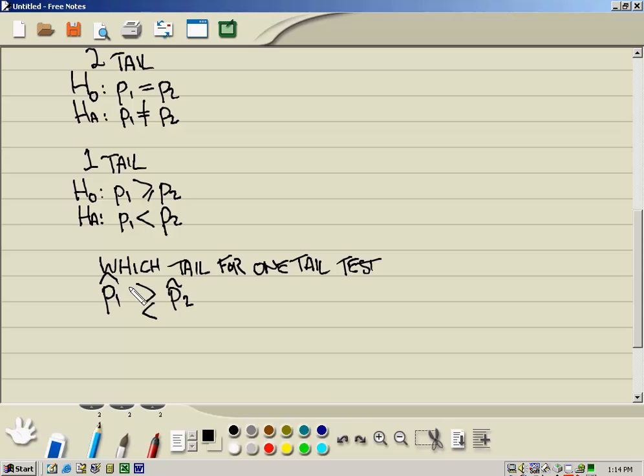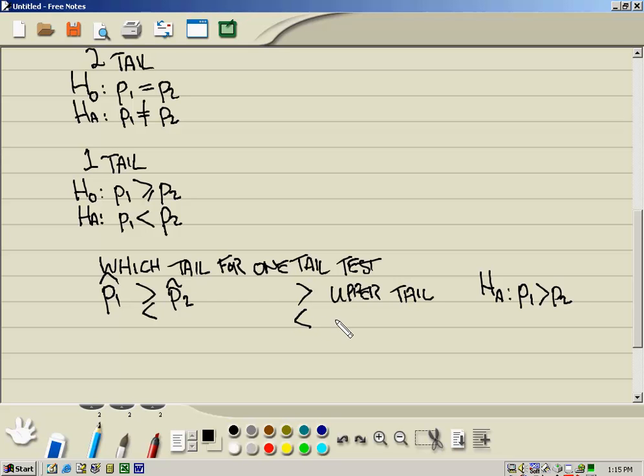Alright, so either p hat 1 is greater than p hat 2 or p hat 1 is less than p hat 2. If it's greater, we have an upper tail. And of course the alternate would have the greater than sign in it.